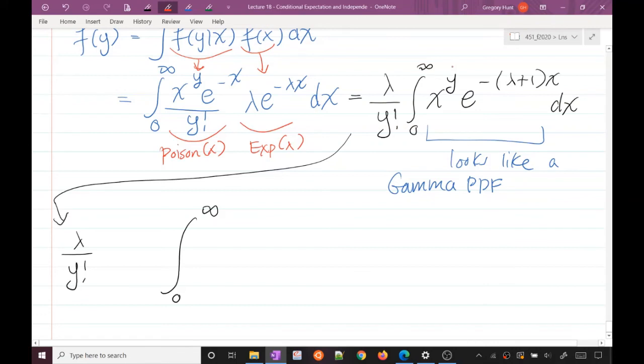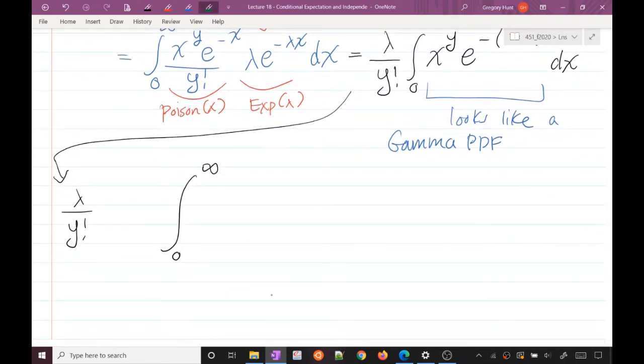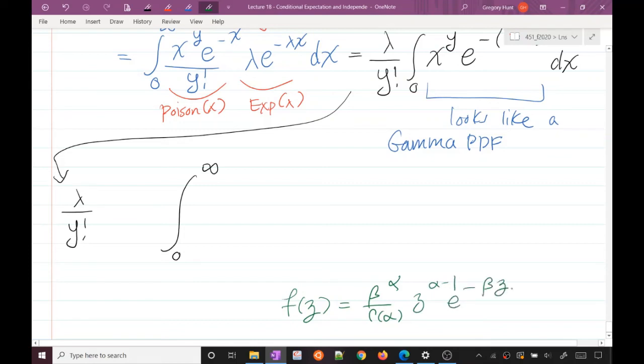If you recall what a gamma PDF looks like, if I had some variable z, the f of z would be beta to the alpha over gamma of alpha, z to the alpha minus 1, e to the negative beta times z. So this is basically what a gamma PDF looks like.